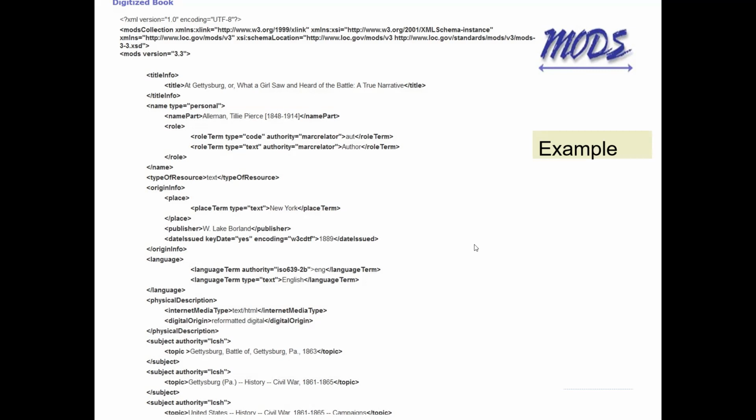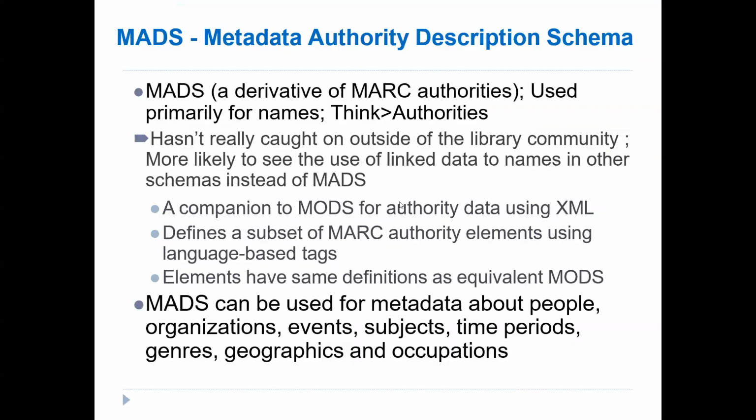Or if you don't have big collections, it's just a lot of individual items, then you may be looking more at MODS as one of the things you would look at in terms of a metadata schema. That's not to say that would be your only choice, but that might be one that you would look at.